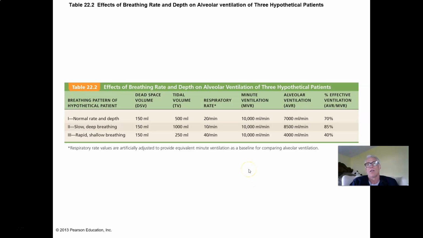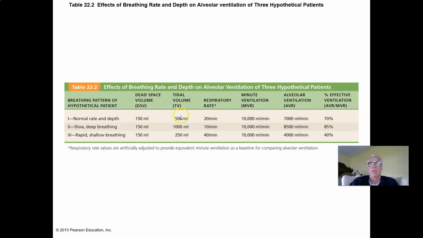Here's an interesting revealing kind of look at the calculations. 3 different situations in which ventilation is taking place, and in each case the minute ventilation, the frequency times the tidal volume, is identical. In each case it's 10 liters per minute, or 10,000 milliliters per minute. Let's look at the alveolar ventilation rate in each case.